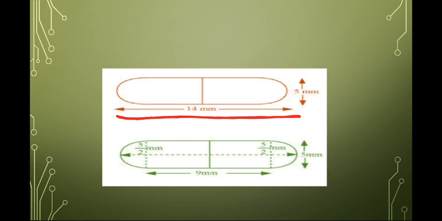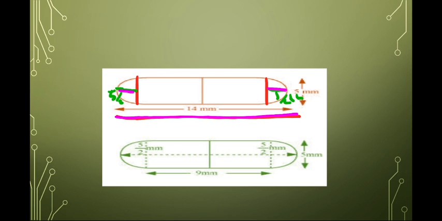Now when you are dividing the whole capsule into three parts, from here to here it is the radius of the hemisphere. Similarly, from here to here it is the radius of the hemisphere. And what is the radius of the hemisphere? It is 5 by 2 millimeter. That is, from here to here it is 5 by 2, here to here it is 5 by 2, and the total is 14.